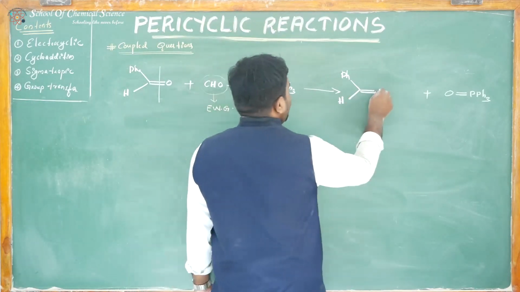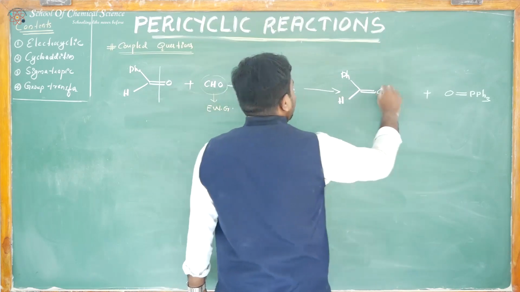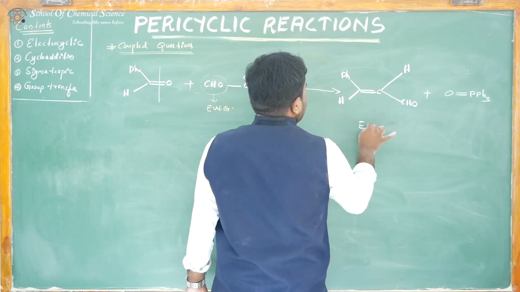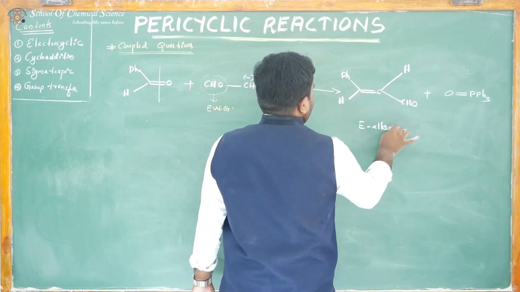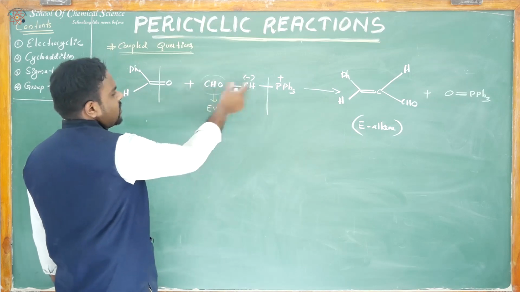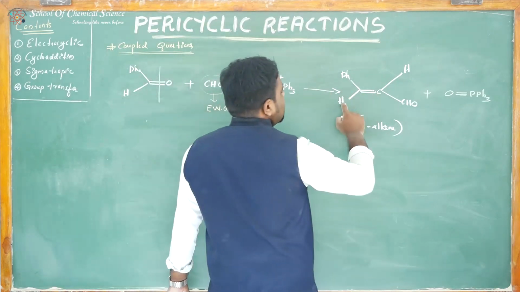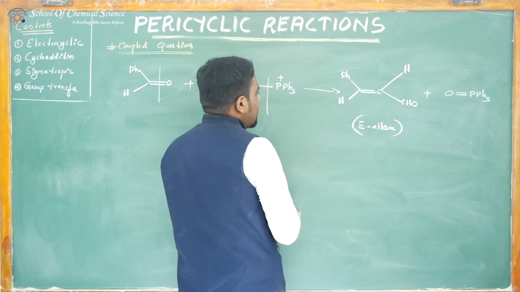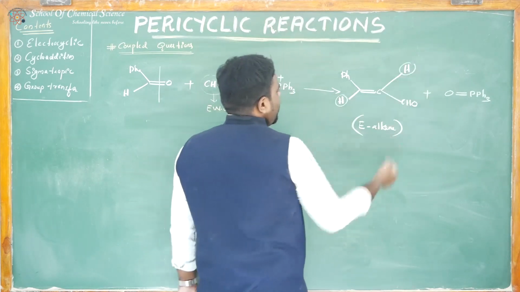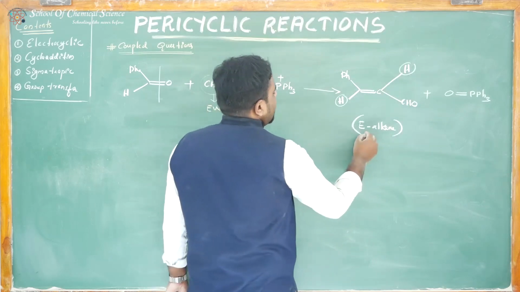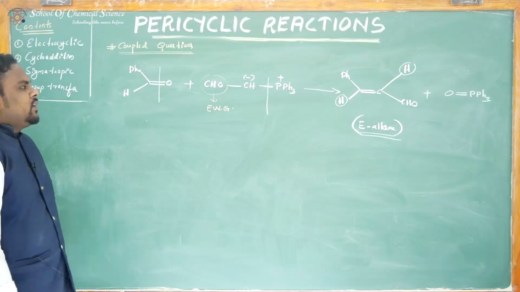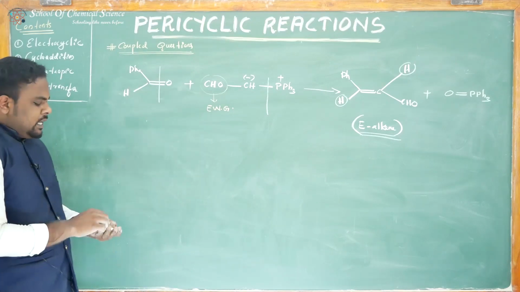So hydrogen and hydrogen are opposite, then CH2. So this is an E-alkene. Okay, so this is a Wittig type reaction.